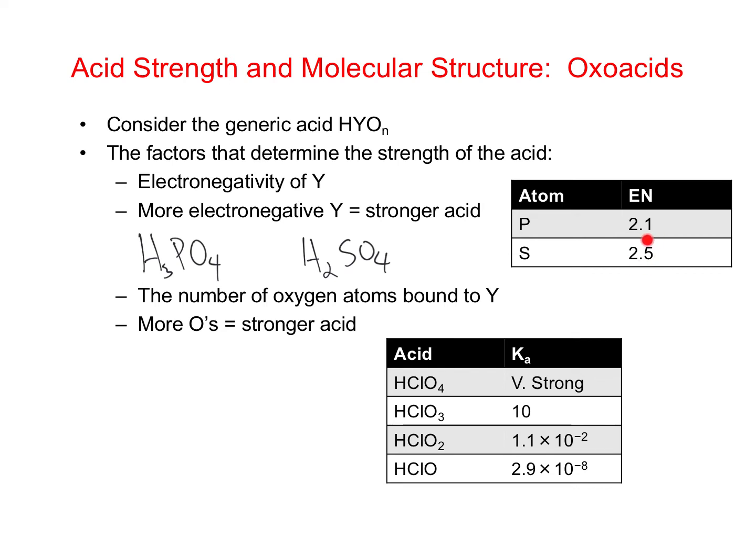Sulfur is more electronegative than phosphorus, so we would predict that sulfuric acid is the stronger acid. And in fact, we know that's true, because sulfuric acid is classified as a strong acid, and phosphoric acid is classified as a weak acid.